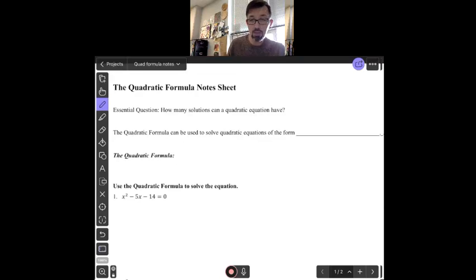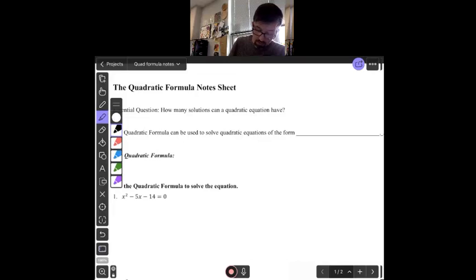Solve by square roots, so we expect you to do it that way. Solve by the quadratic formula, so we expect you to do it that way. And there may very well be a problem that says just solve, and then you get to pick the method. In that case, if you decide to use the quadratic formula, you will get the right answers. It's just that you could have possibly done it a different way, faster and in an easier way, with one of the other methods. So just something to think about.